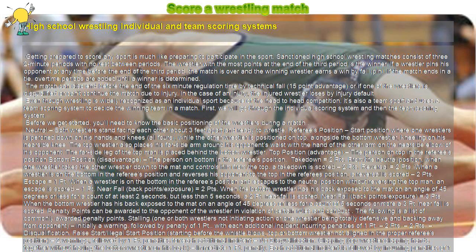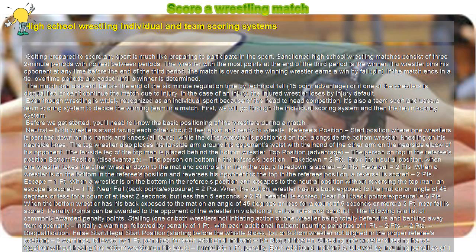False start / illegal start position, starting before the whistle blows, top or bottom wrestler not aligned in the proper referee's position, 2 warnings, followed by 1 PT penalties for each additional incident, no disqualification.